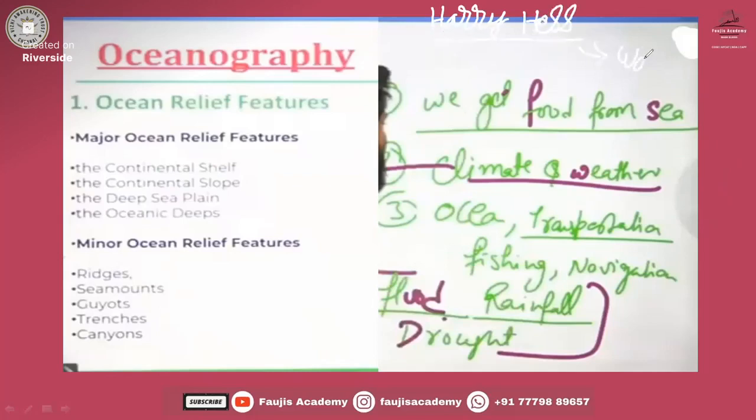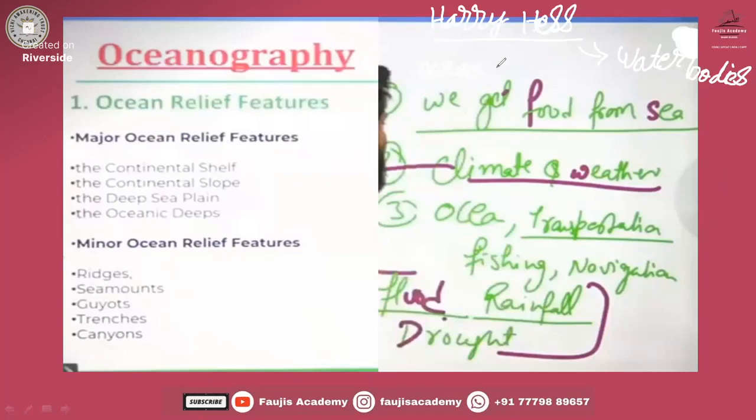So he went down with a submarine, and there he found different landform features on the ocean floor. Because of that, they were able to conclude the sea floor spreading theory, and they explained the formation of relief features in the ocean parts also.